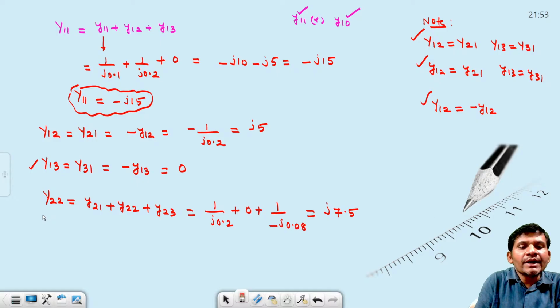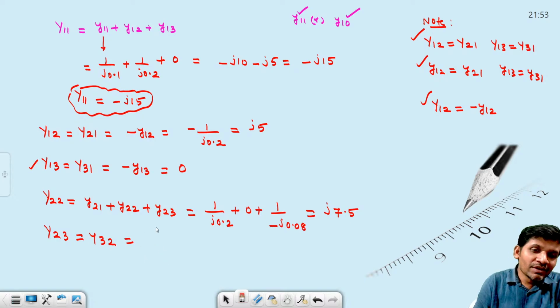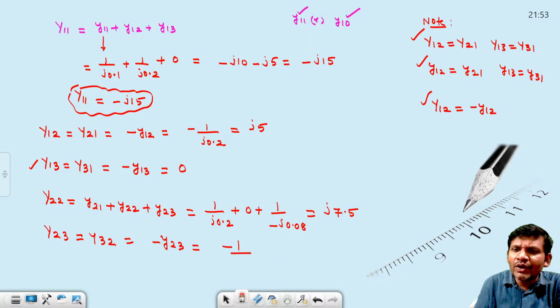Y21 I calculated, Y22 I calculated. What is Y23? Y23 equal to Y32. Both are the same. Y23 equal to Y32. This is equal to minus 1 by y23.